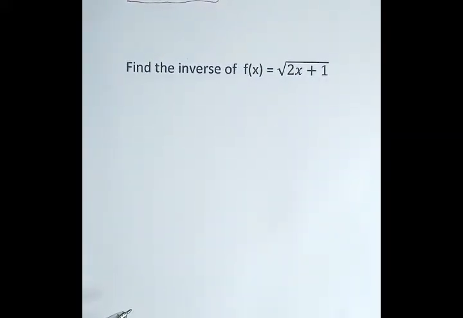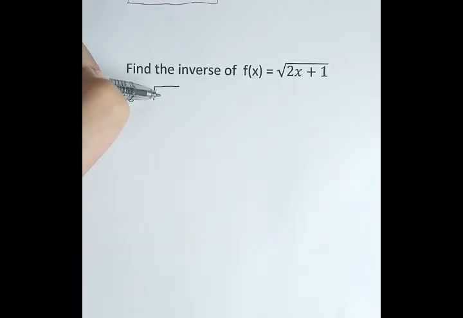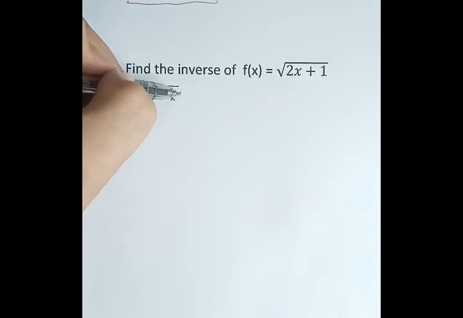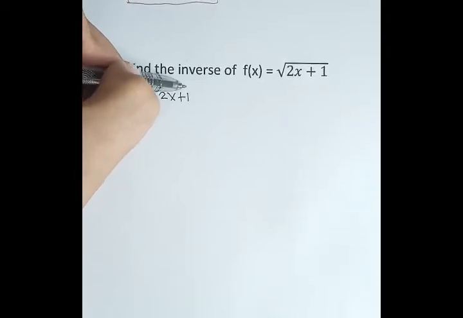For our next example, we'll find the inverse of the square root of 2x plus 1. So again, we rewrite. Function of x is equal to the square root of 2x plus 1.